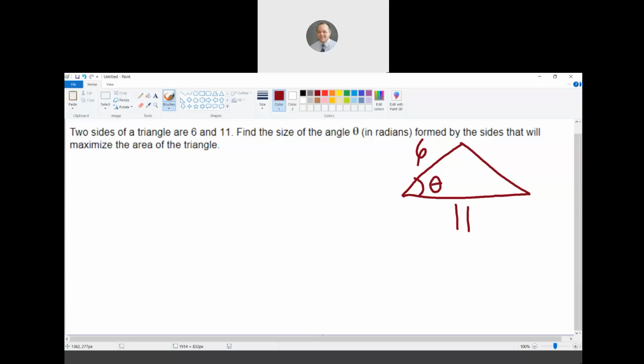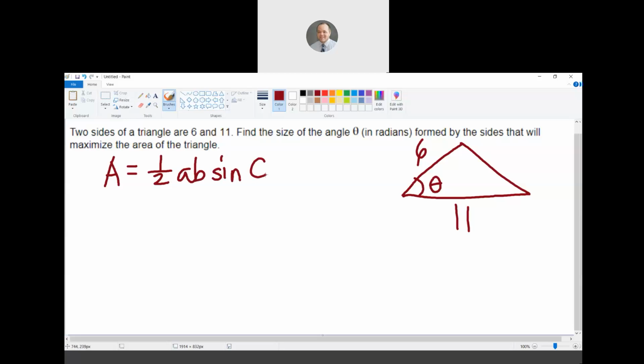There is another area formula that you can use that involves a trig function. And that is A is equal to 1/2 A times B times sine of C.